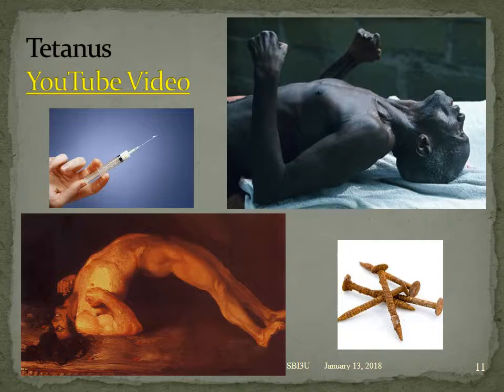And this toxin will impair your nerves that control your muscles. So that's why you see in these pictures people are spasming, because this toxin is actually affecting their muscles and their neurons. So there's a YouTube video here for you to watch as well on tetanus.